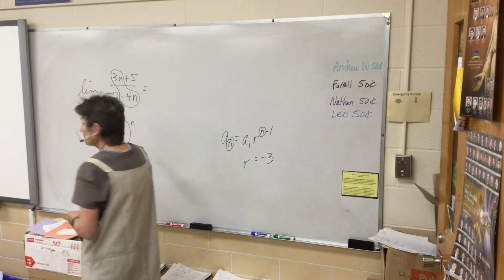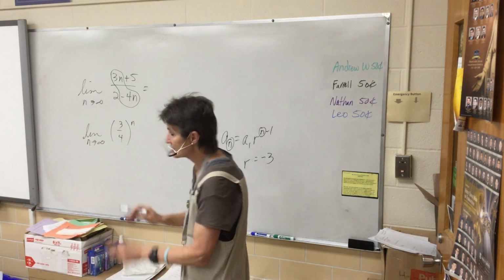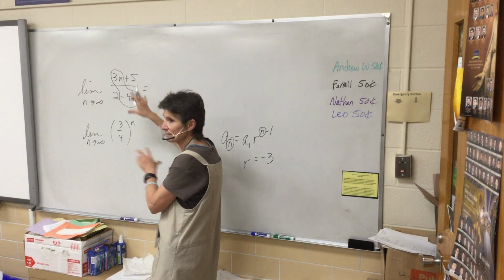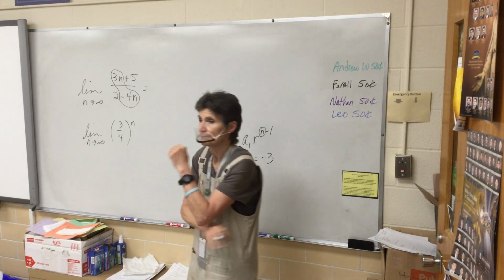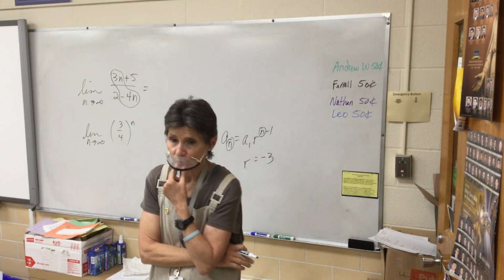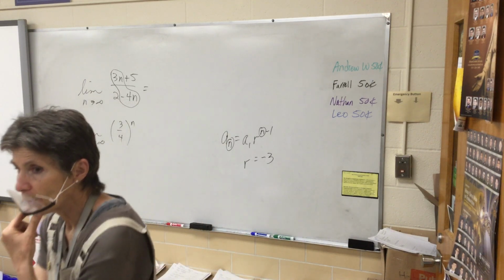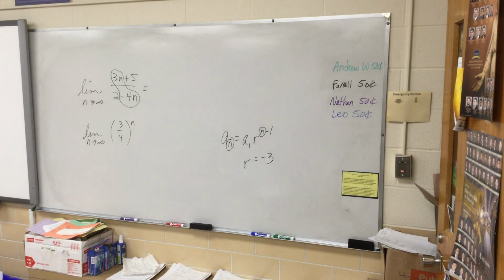This is a different problem. We talked about this. This is not the same kind of problem as that. They're not built the same way. What do I have to remember when I'm raising a number to a power? Exactly. I look at the number. In this case, it's 3/4. Is 3/4 bigger than 1 or less than 1?